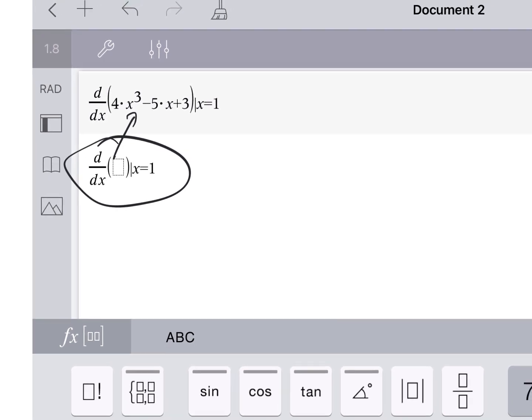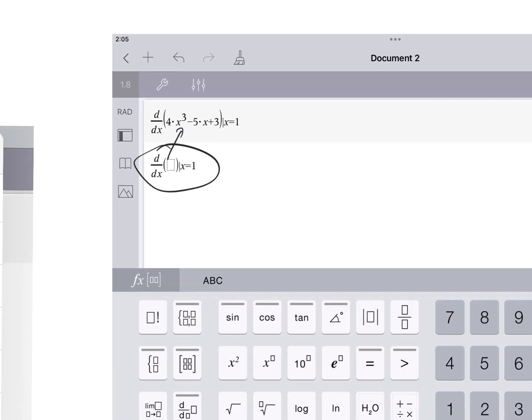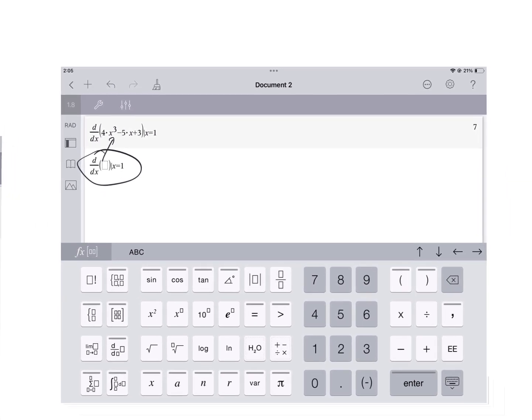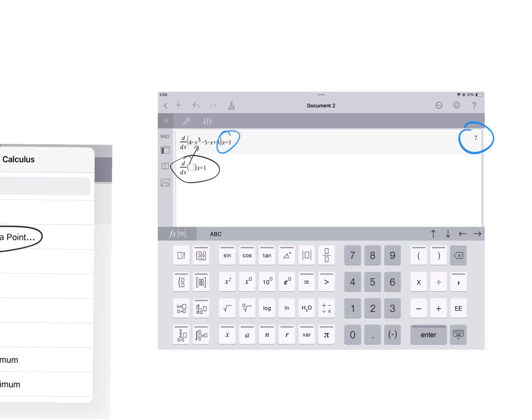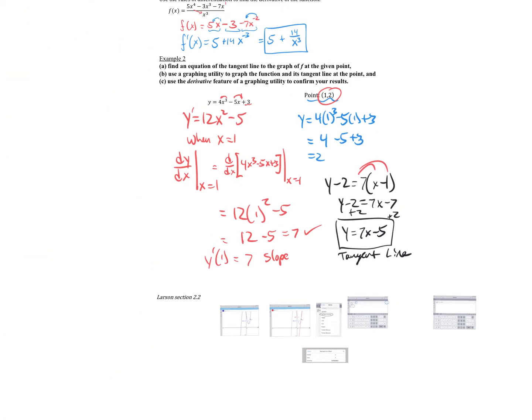And notice here, there's that evaluated at x equals 1. That's what that little bar means. And the answer it'll give you is 7. So yes, the derivative when x equals 1 is 7. And we verified there at the graph that, yes, indeed, that was the right equation.